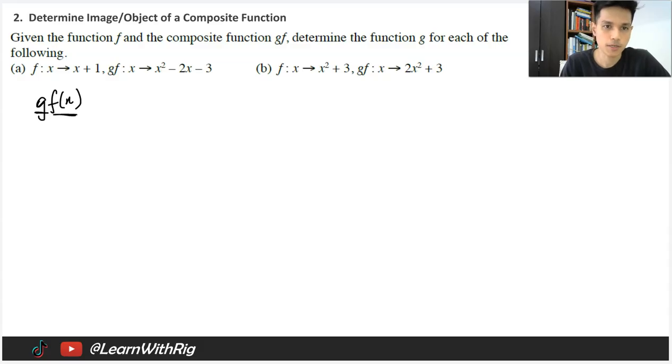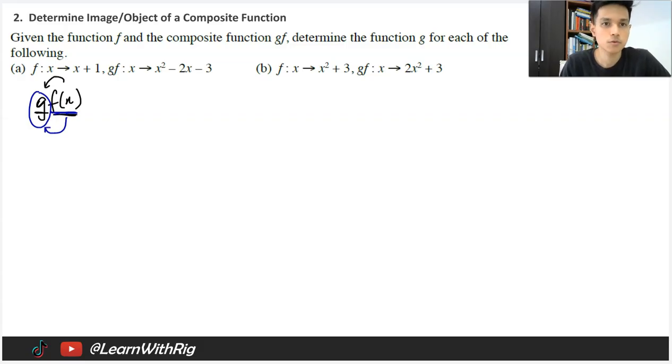So what you can do is substitute f(x) into g(x) because they gave you the value of g(x). But in this case, it is the opposite. They did not give you g(x). They leave this empty. So it's not possible for you to substitute f(x) into g(x) because you don't know what g(x) is.